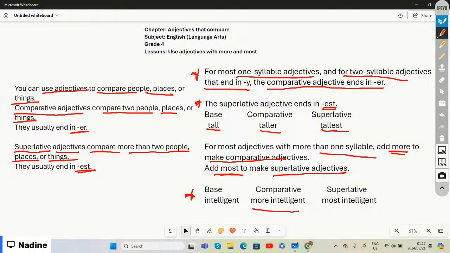Let's say, for example, we say Kim is intelligent. But now, if we want to compare Kim to Amy, then we say Kim is more intelligent than Amy, because now we're comparing two people.